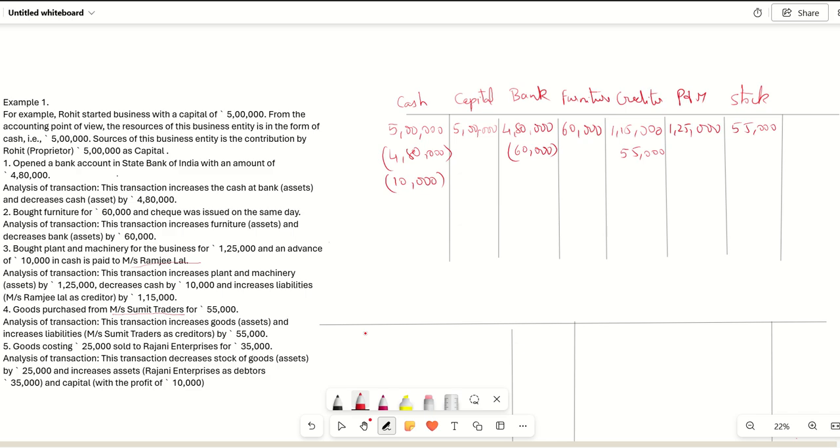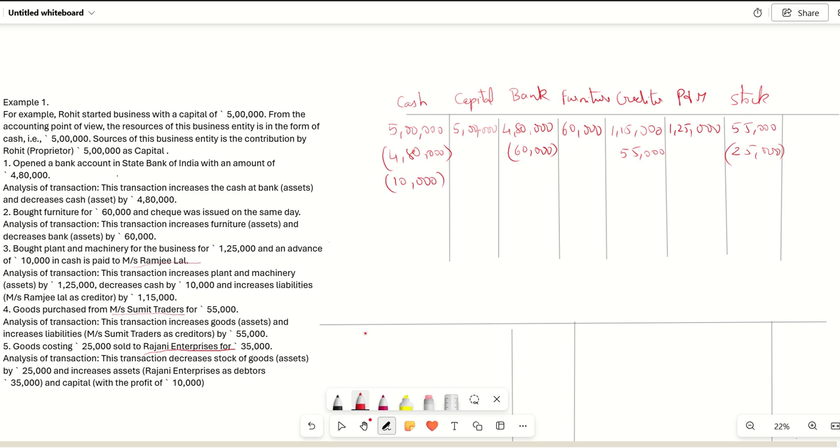Then goods costing 25,000 sold to Ranjini Enterprises for 35,000. So there is a reduction in stock worth 25,000. They have sold to Ranjini Enterprises. Again you see the name, which is a credit sale.